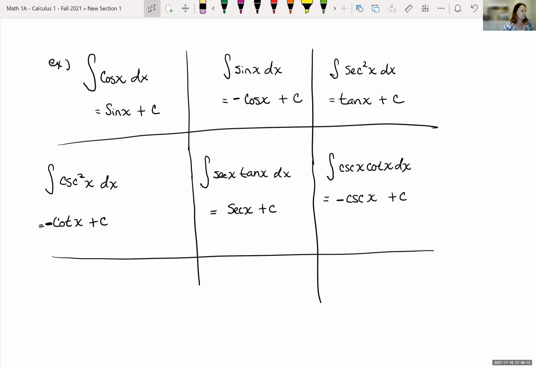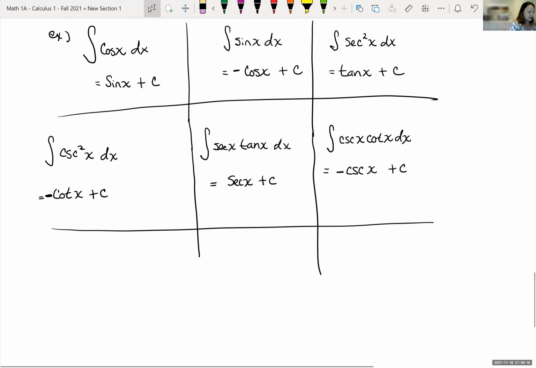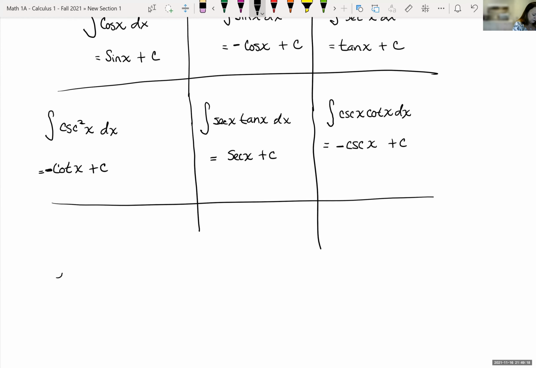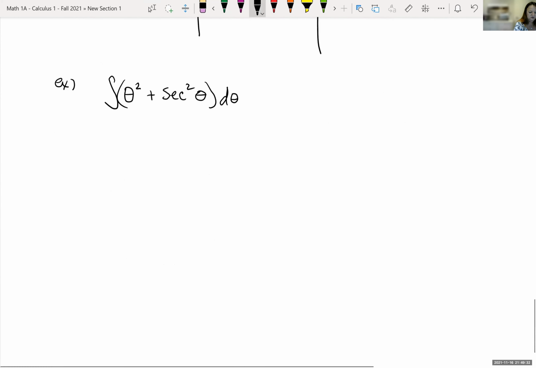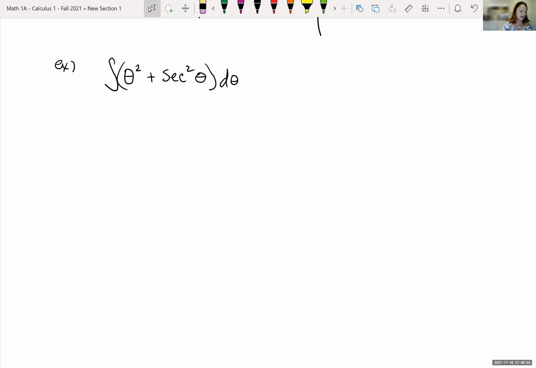Maybe look at one more. So let's say that we have the antiderivative of theta squared plus secant squared theta, and this is all d theta. So taking the antiderivative of theta squared, we're taking it with respect to theta.